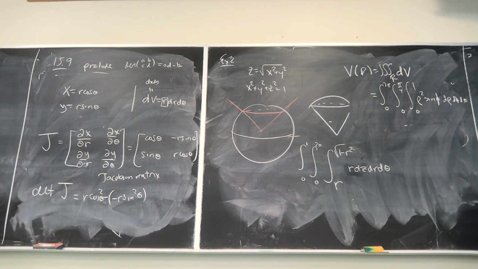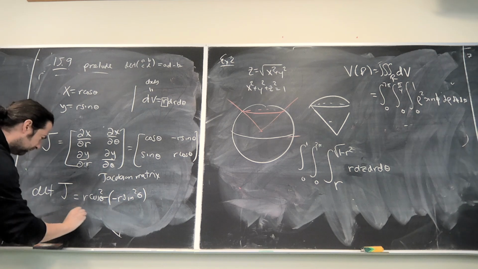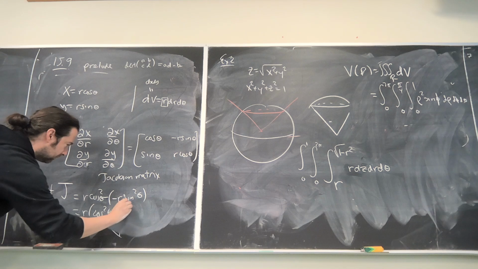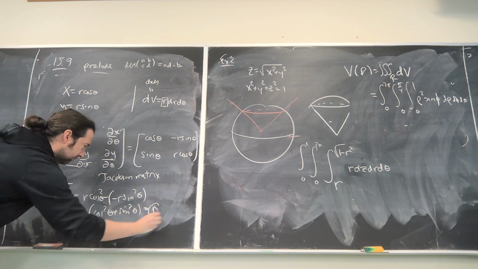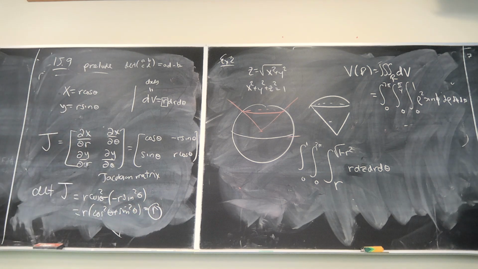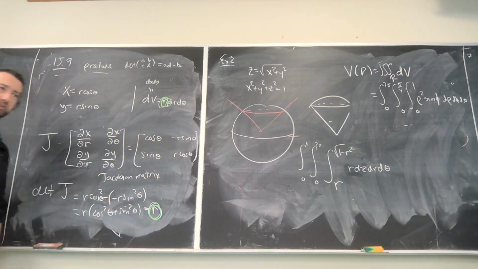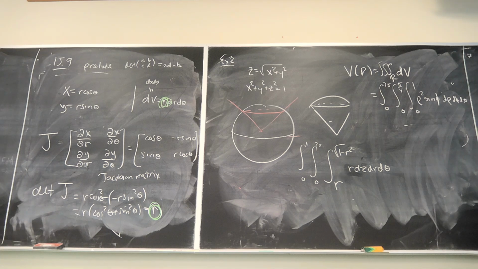And if you stare at that for a second, r times cosine squared theta plus sine squared theta, you just get r. So this r right here that came out of doing this calculation, and this r that's in the change of variables formula, it's not an accident that those are the same number.